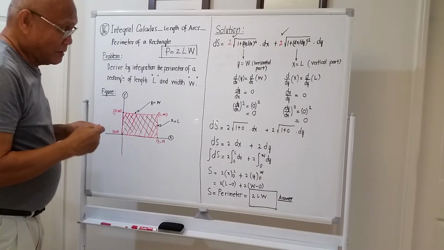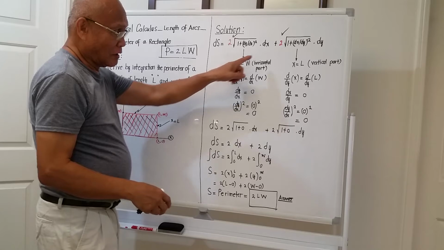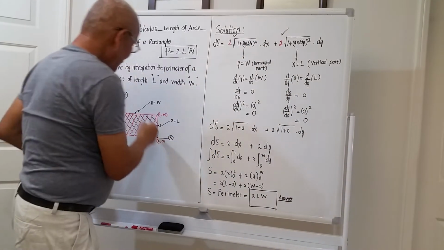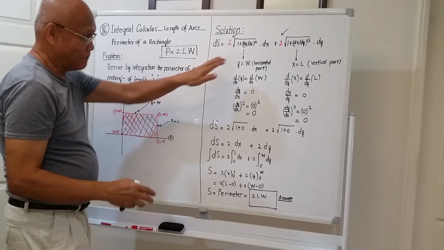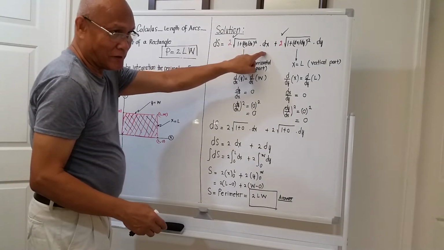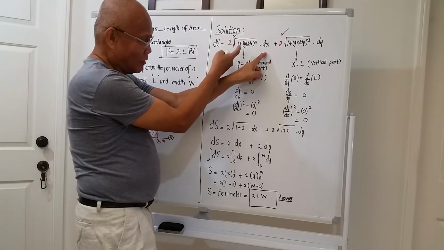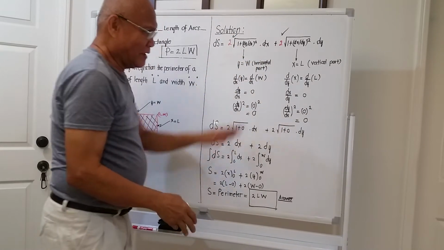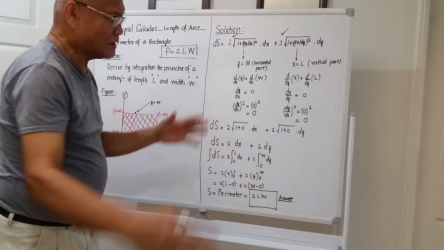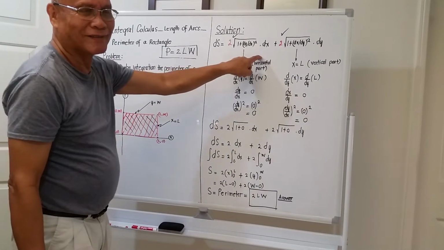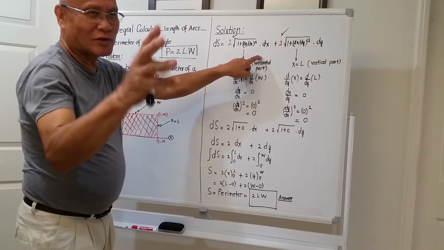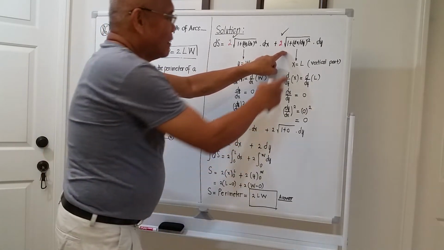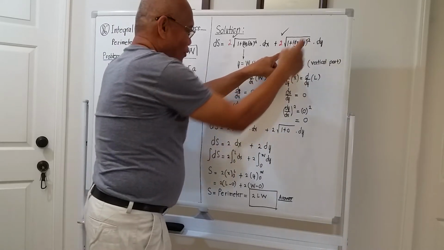On the first one, the differential is dx, because it is a horizontal distance. So the first equation will be multiplied by dx, with (dy/dx) quantity squared inside. The second distance is a vertical height, so we could not use this one. We will use equation number 2, which is the square root of 1 plus (dx/dy) quantity squared times dy.